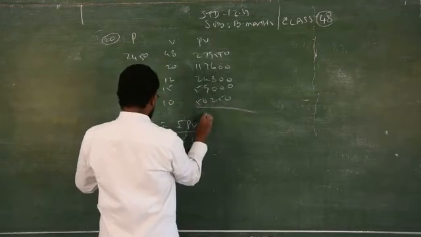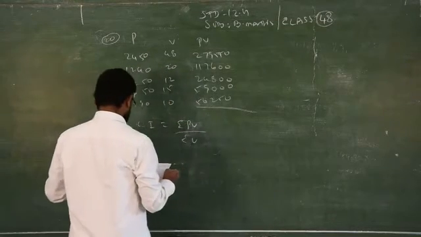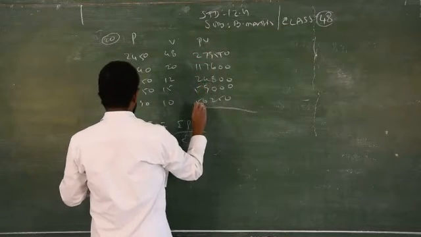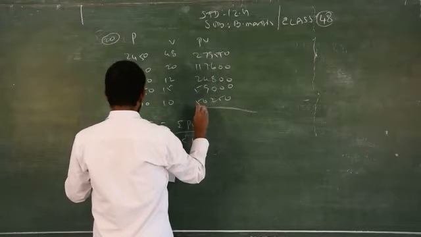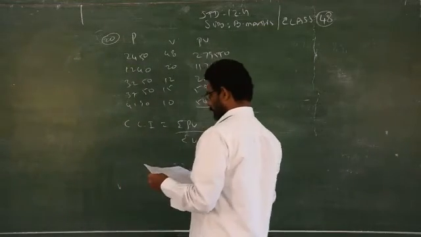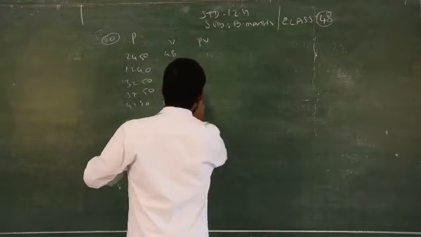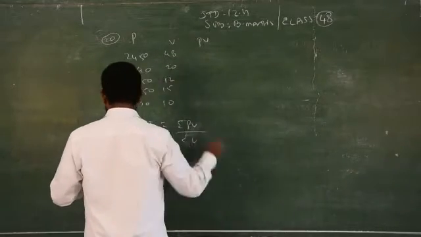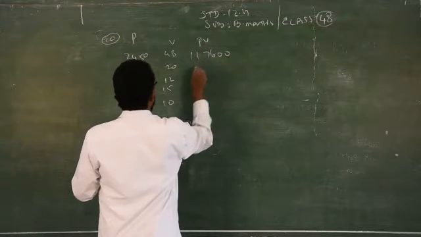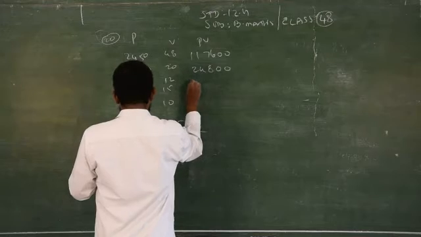The total for this one is... What is this? Somewhere I missed. Okay, sorry, I missed some values, so please note that. This is 117600. This is 24800.